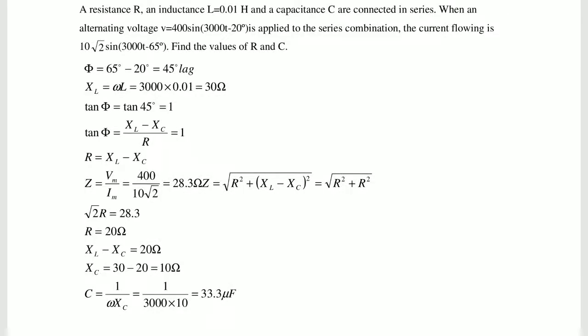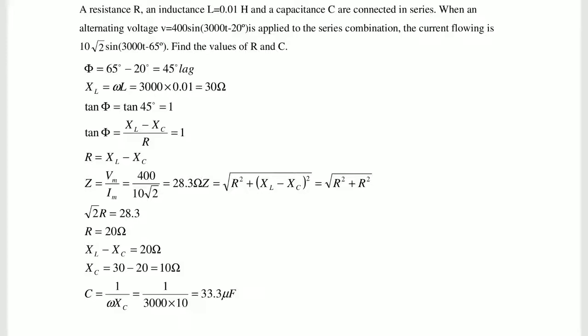In simple terms, we have to see the nature of the circuit from the instantaneous equations, whether it is an inductive or capacitive circuit. Here V is equal to 400 sin(3000 t minus 20), and current is 10 root 2 sin(3000 t minus 65 degrees).